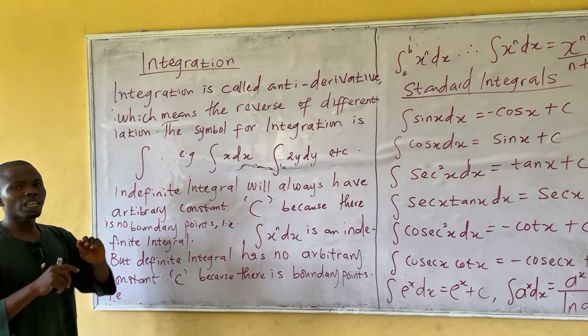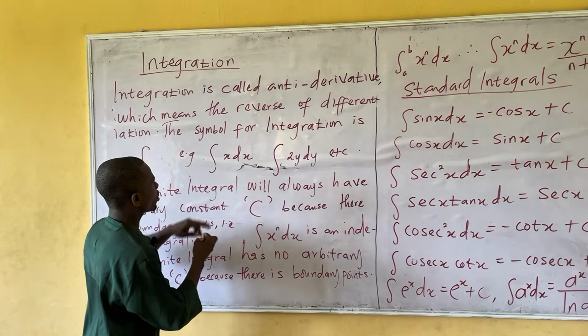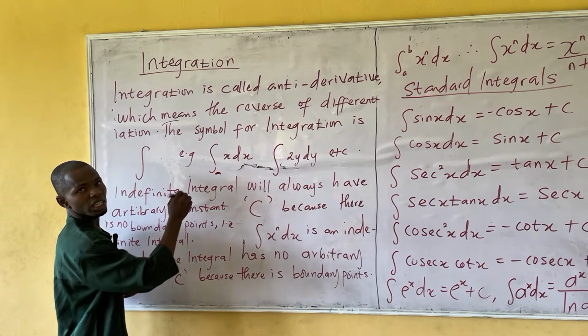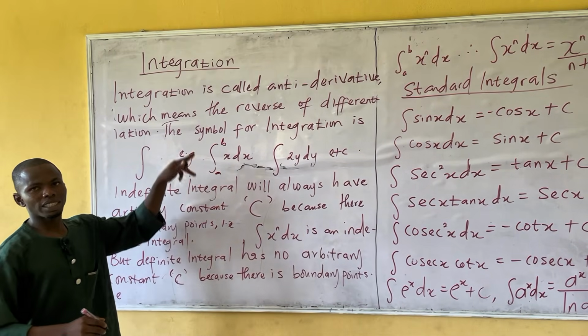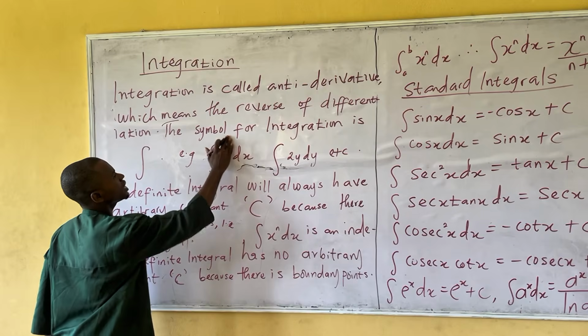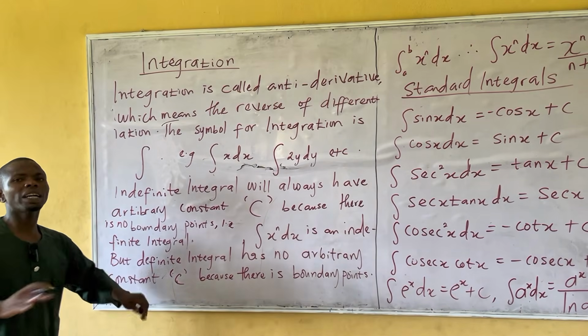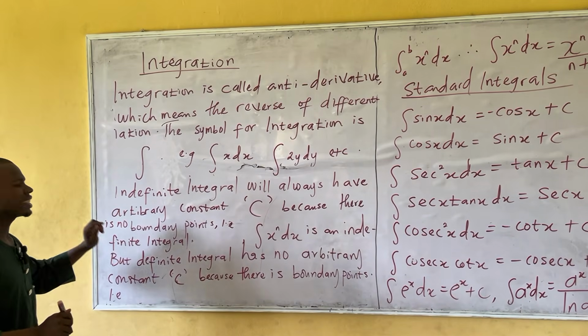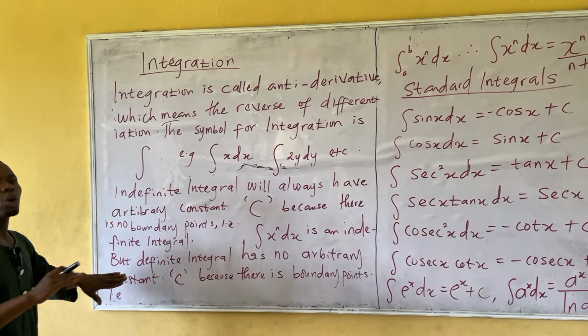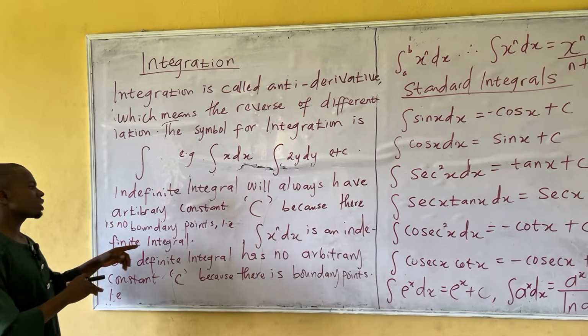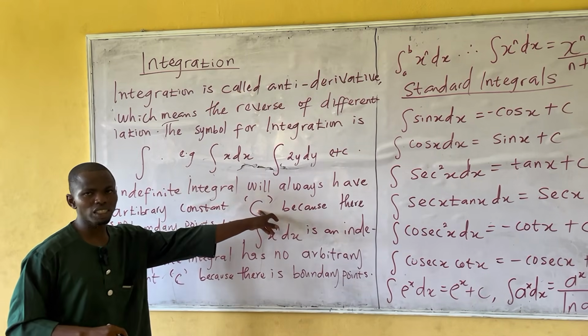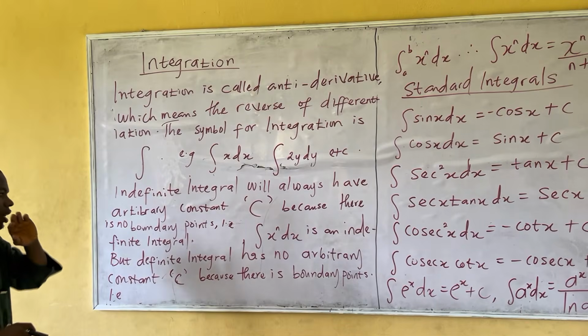If I put, let's say, A here and B here, those are boundary points. But if there is nothing here and here, it's just a normal integral, which we call indefinite. So if there is no boundary point, we must add plus C, constant C, to our final answer.